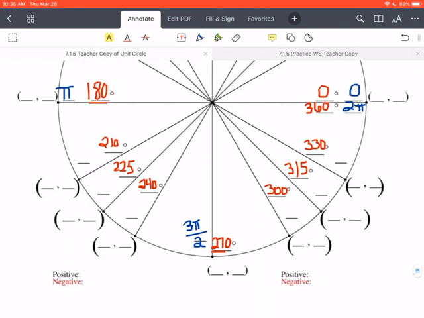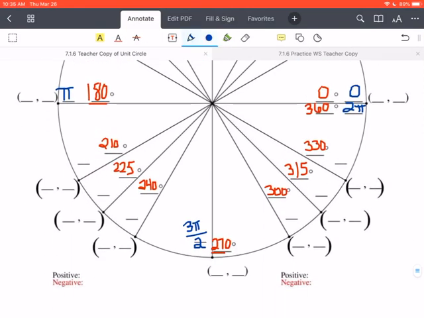From here, we continue on. Anything in the bottom quadrant, I told you before spring break, the numerator is going to be greater than the denominator. So now we have 7 pi over 6. Then 8 pi over 6 reduces to 4 pi over 3. 9 pi over 6 reduces to 3 pi over 2.